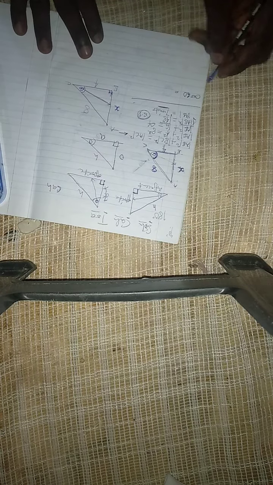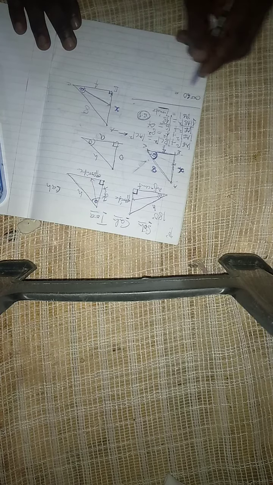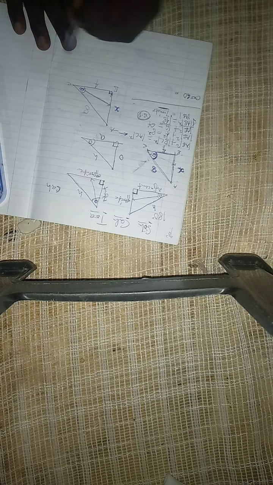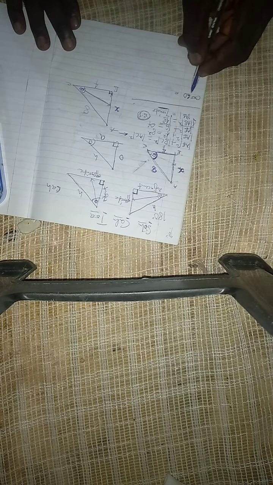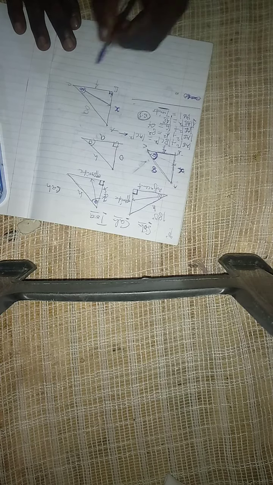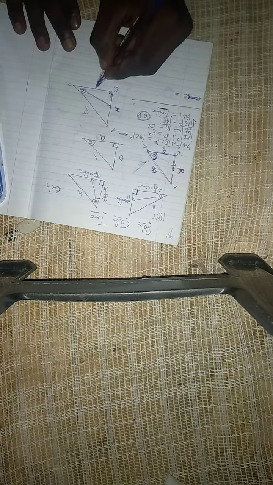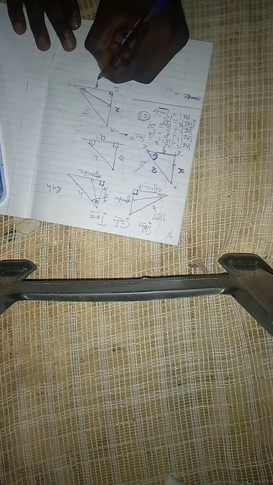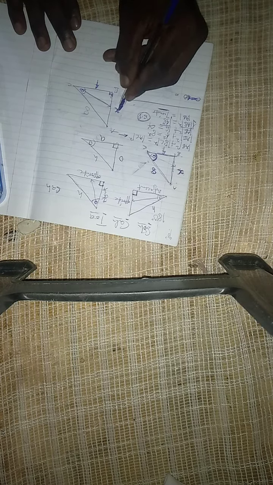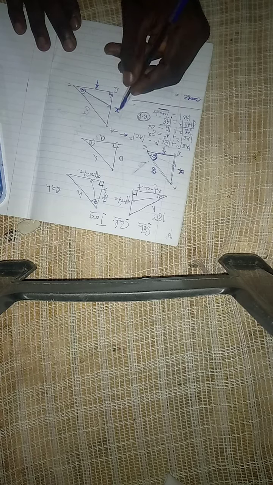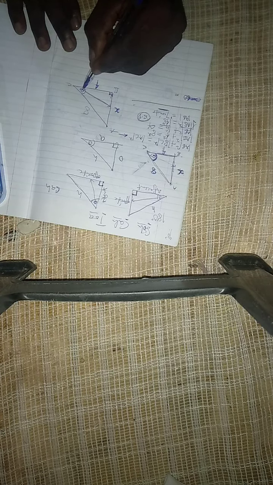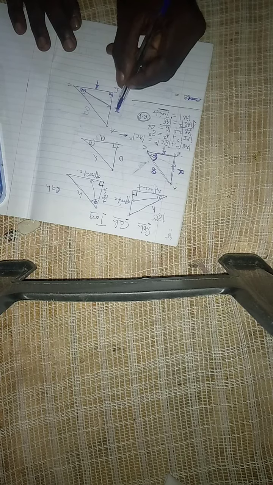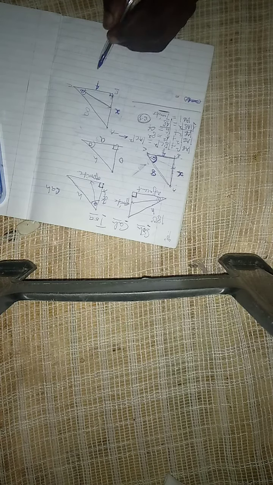So with the trigonometrical ratio, let's continue from here. I want to use this one and this one. If I have this one and this one, you see one is not given. We were given this, so it will be left with this.